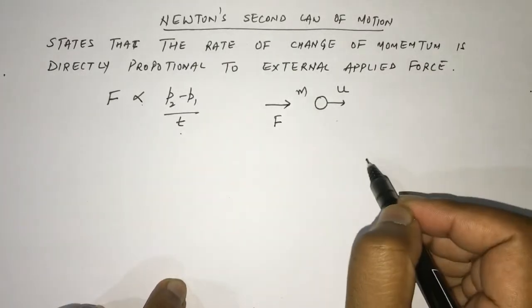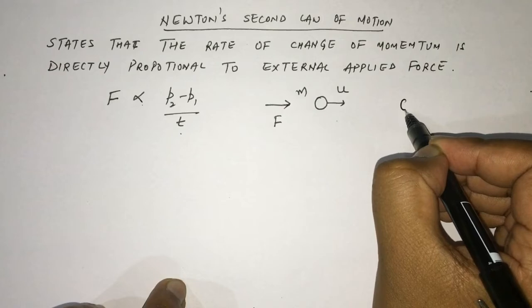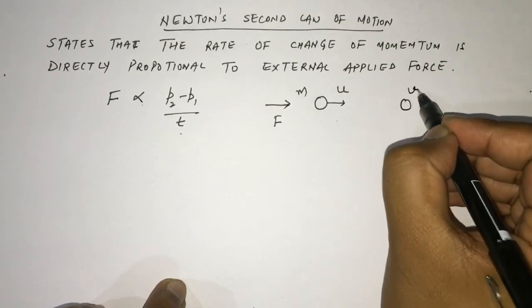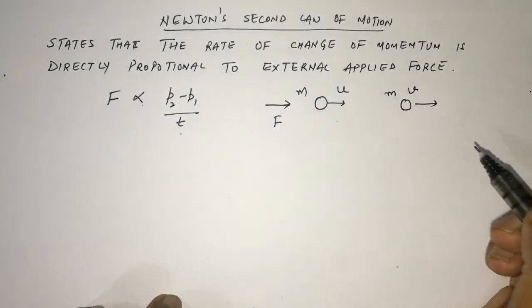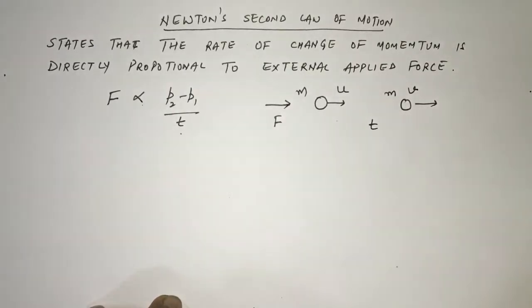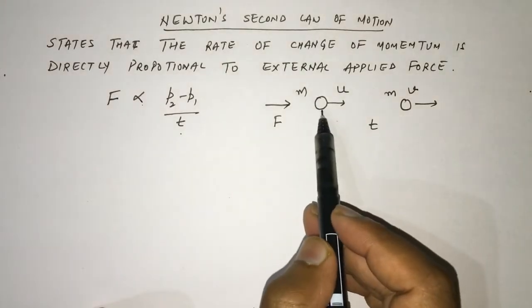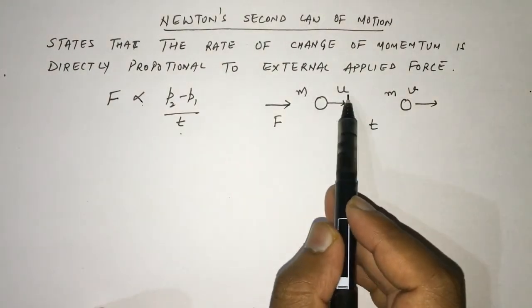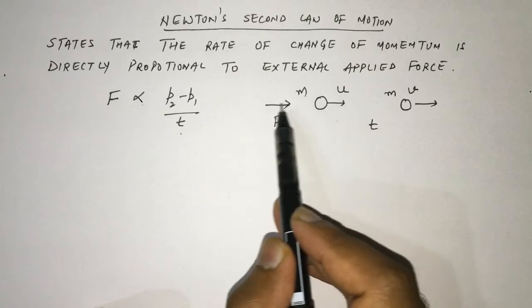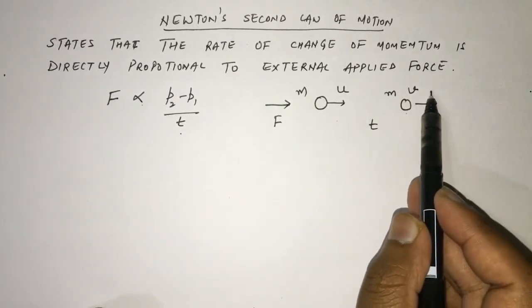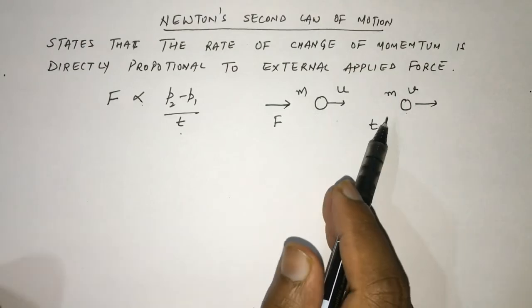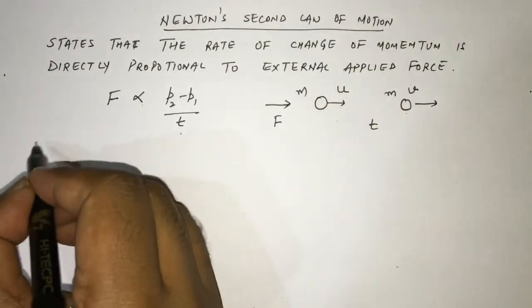Now the velocity of the body becomes v after time t. I'm repeating again. Suppose a body which has mass m is moving initially with velocity u. Force is applied on this object and the final velocity becomes v.